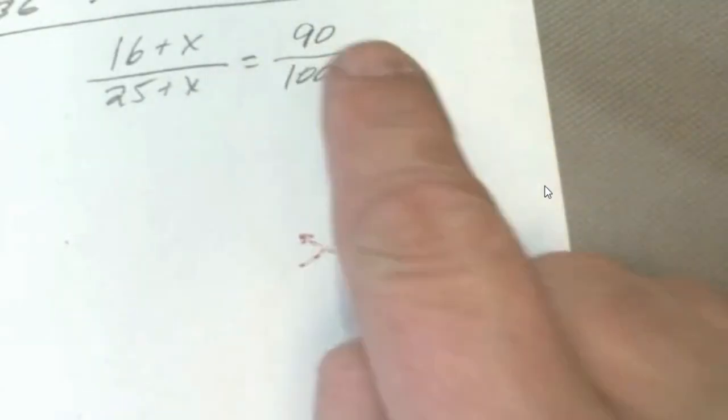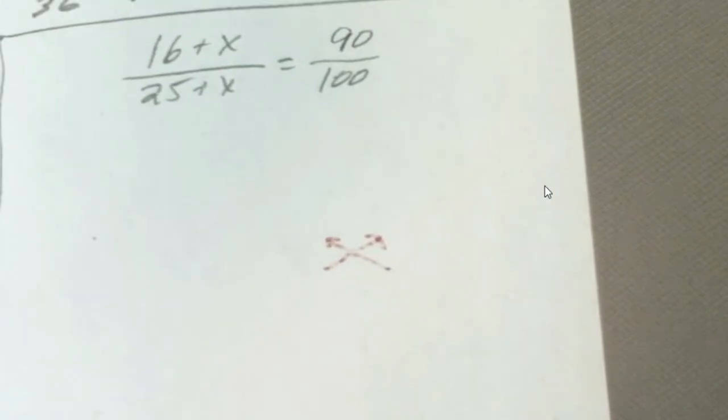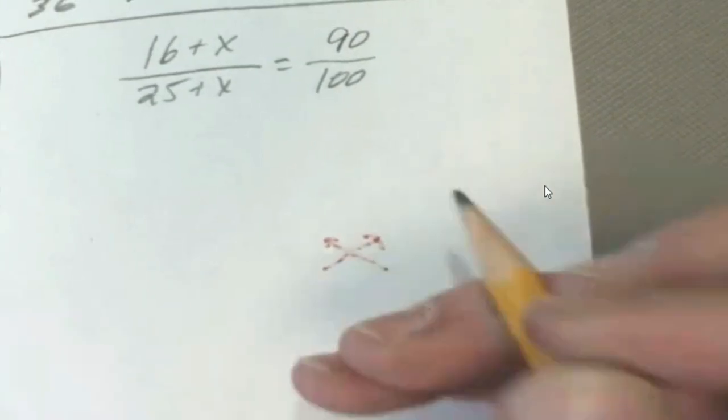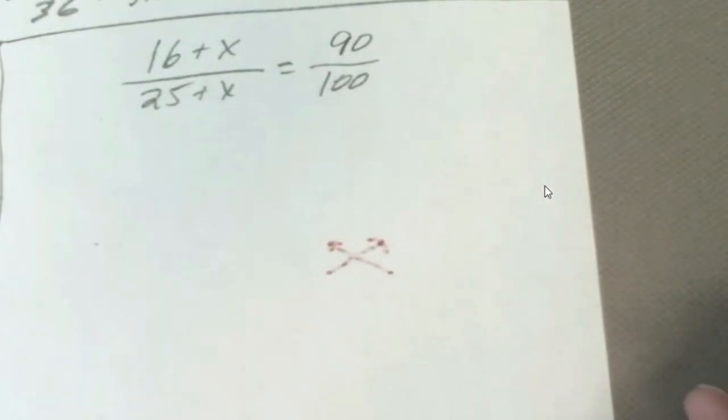We're just looking for a 90% success rate this time. All right, are you working that? Are you ahead of me? I'm going to cross multiply. If you get X, put it in the chat there.